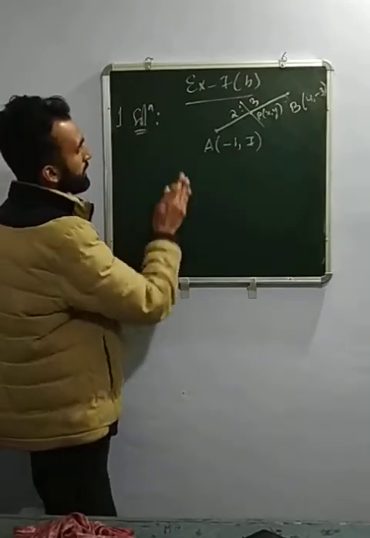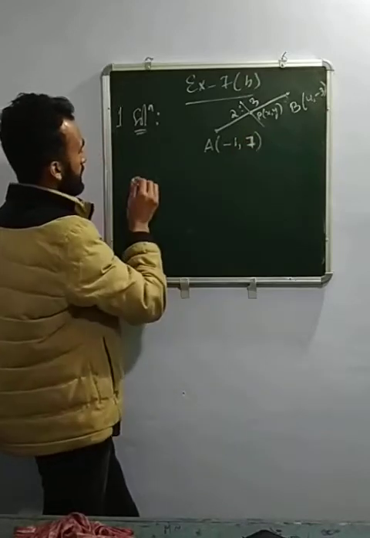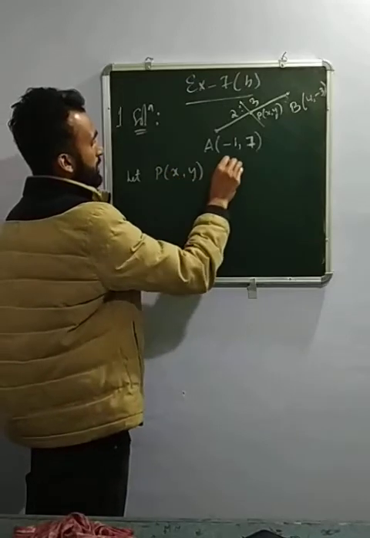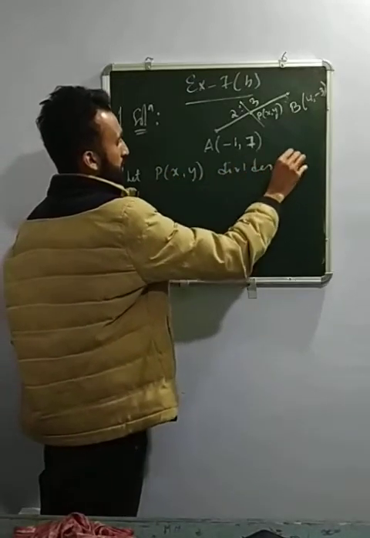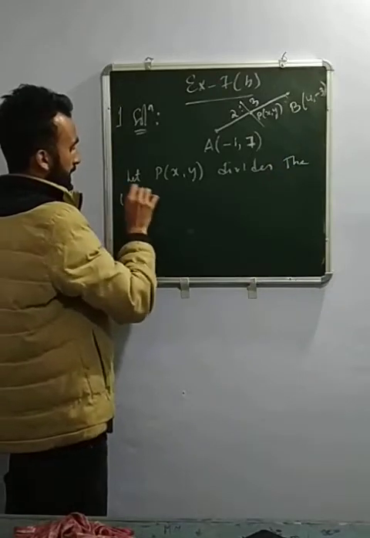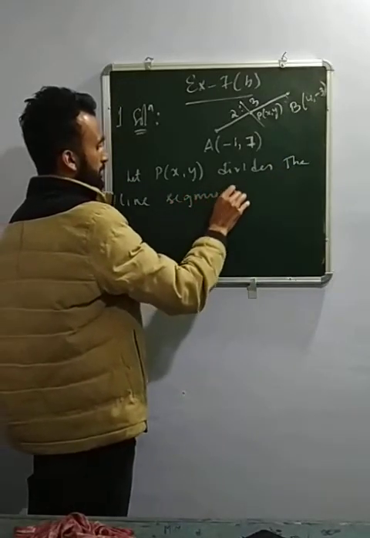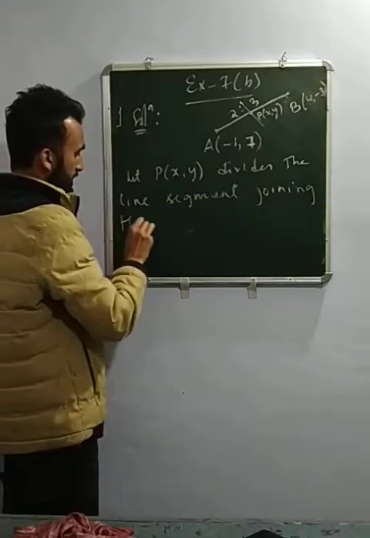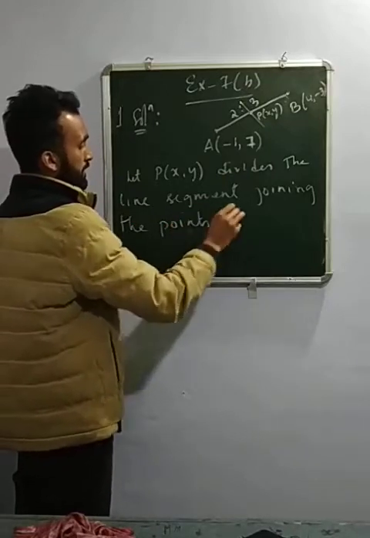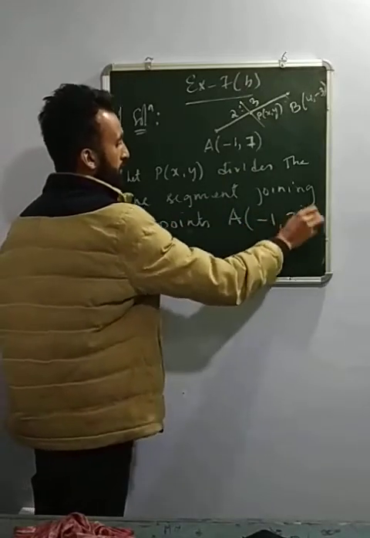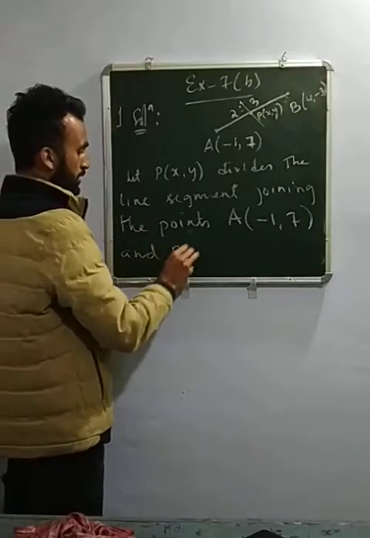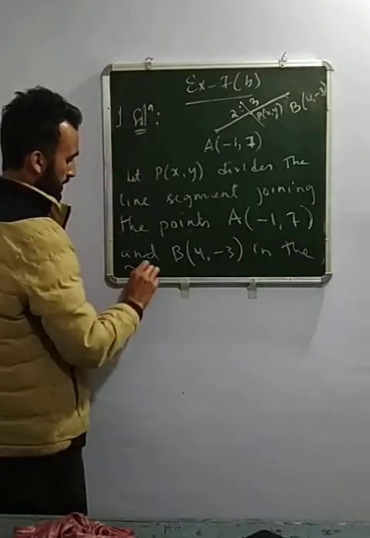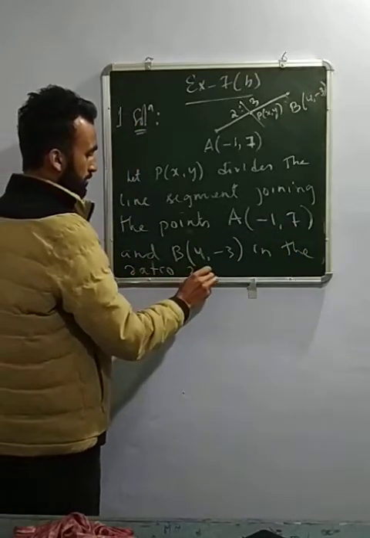Now what I do here, if you still remember, let P x comma y divide the line segment joining the points A -1 comma 7 and B 4 comma -3 in the ratio 2:3.